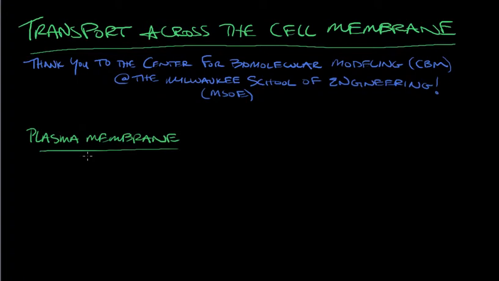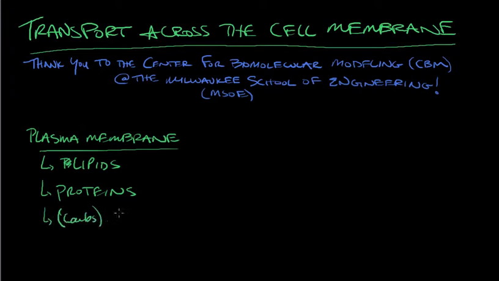But there are two major components of the plasma membrane, or any membrane, and I'm going to write the words lipids and proteins. Now, carbs, I'm going to put in parentheses, because carbs are really more part of the extracellular matrix, not the actual membrane.